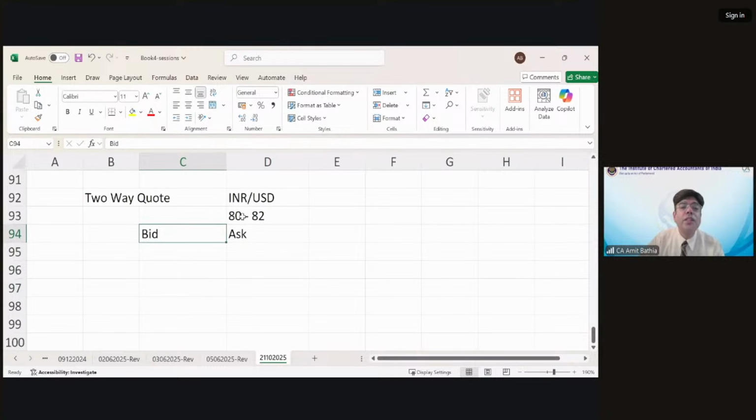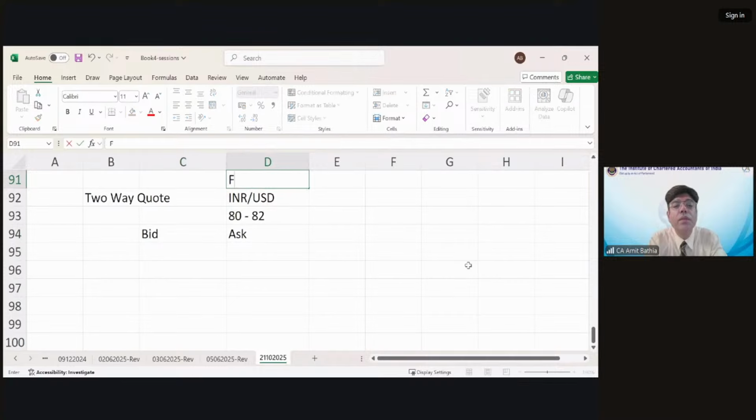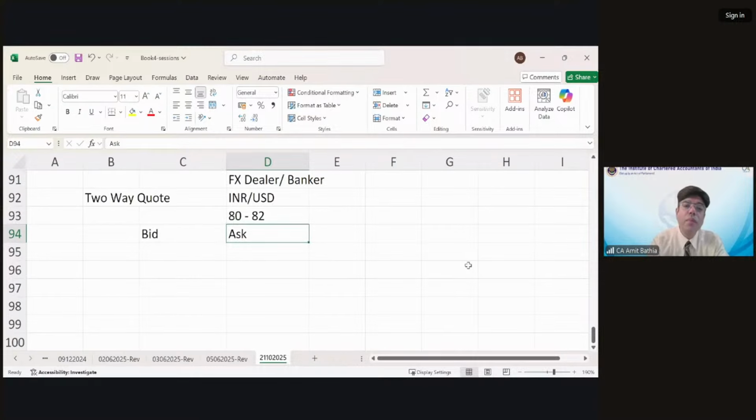Bid is basically the price at which the bank, the FX dealer or banker, is going to buy the USD, and ask is the price at which they are going to sell to you at 82. So they'll buy at 80, sell at 82.